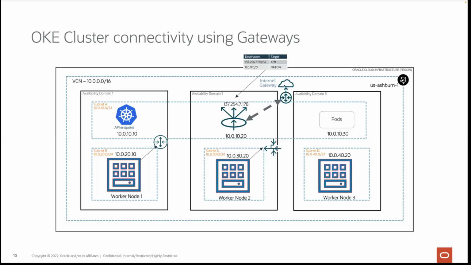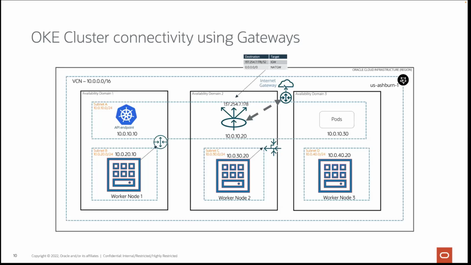a service gateway. So NAT, as it stands for Network Address Translation, will be translating the private IP address of the worker node to its own IP address. And the NAT gateway would also allow the traffic to go out. But if you try to connect to this particular worker node from the internet, the traffic will be dropped.